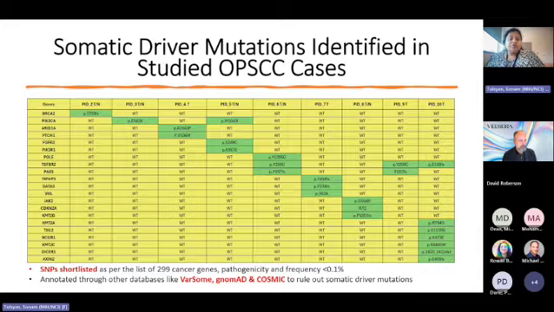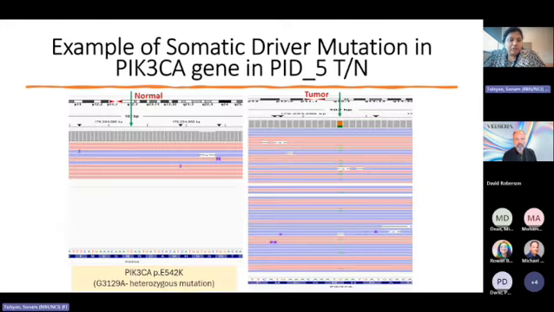TGFBR2 is the transforming growth factor receptor 2, and this gene also plays a role in cell growth and division. Mutation in this gene can disrupt its function because it acts like a tumor suppressor gene, contributing to the formation of cancer. This is an example of a somatic driver mutation in the PIK3CA gene in one patient.